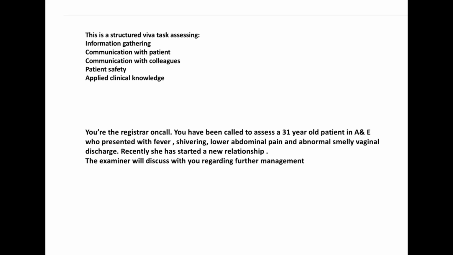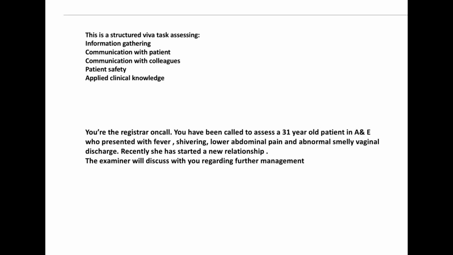So we'll take the history, first of all, her presenting complaints or presenting symptoms. She's having now fever, lower abdominal pain, and smelly vaginal discharge. We need to know since how long she has got these symptoms and whether they appear for the first time or she had them before.